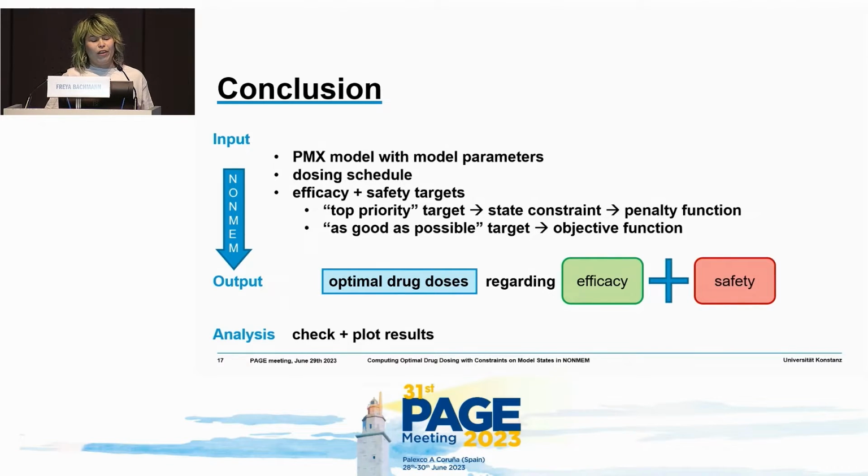You need to know your efficacy and safety targets, and you need to decide which one is your top priority target that needs to be satisfied. This will be a state constraint which the penalty function takes care of. And you need to decide which one is the as-good-as-possible target. This will be characterized by the objective function. Then you can use NONMEM to compute the optimal drug doses regarding efficacy and safety targets, and then check your results. Never trust your computer.